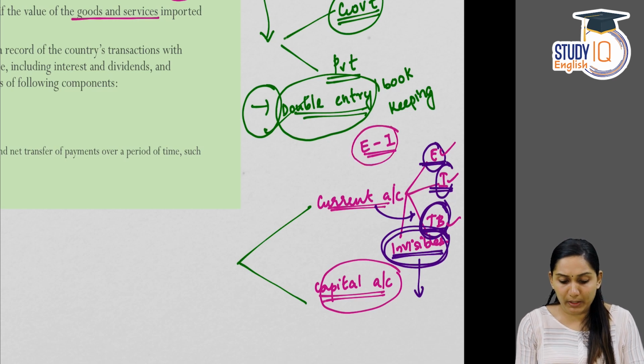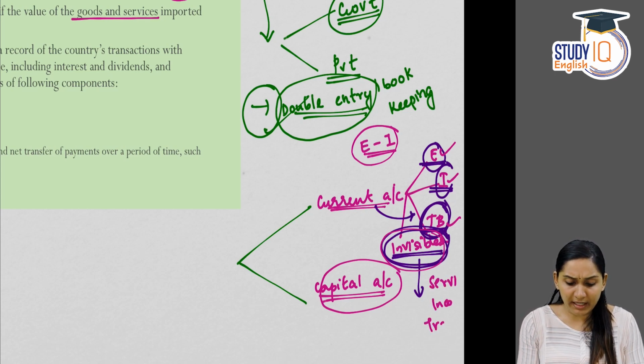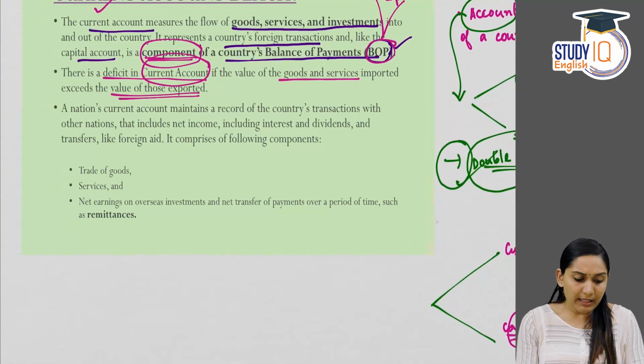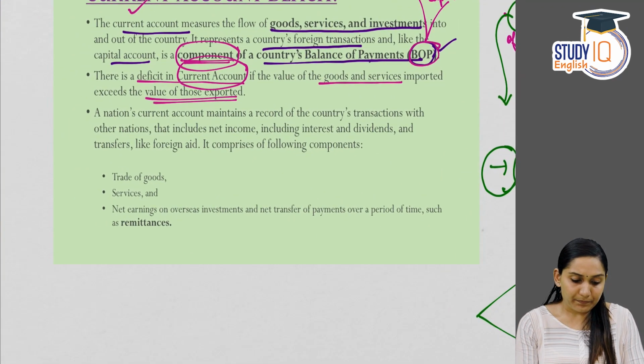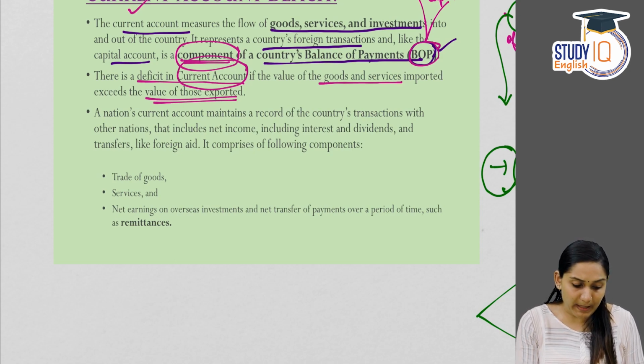Now, apart from export, import and trade balance, one more item is there, that is invisibles. And we have seen that it includes services, income and transfer payments. Now, current account is actually the difference in these components. So, how do you find the current account balance? Current account balance is trade balance plus net invisibles.